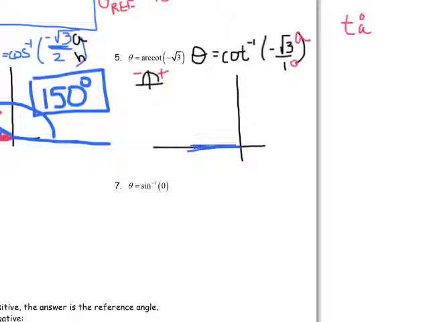Notice I'm not saying it's negative root 3. Let's just figure out where the root 3 belongs, and then the 1 is the opposite, because you never really know if that negative sign is supposed to be on top or bottom. In this case, it is still the top because it's going in the left direction, but as a general practice, it's safer to not make that assumption.